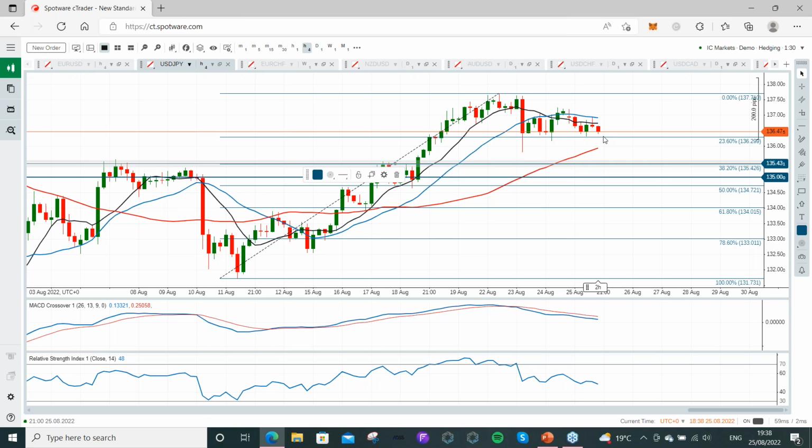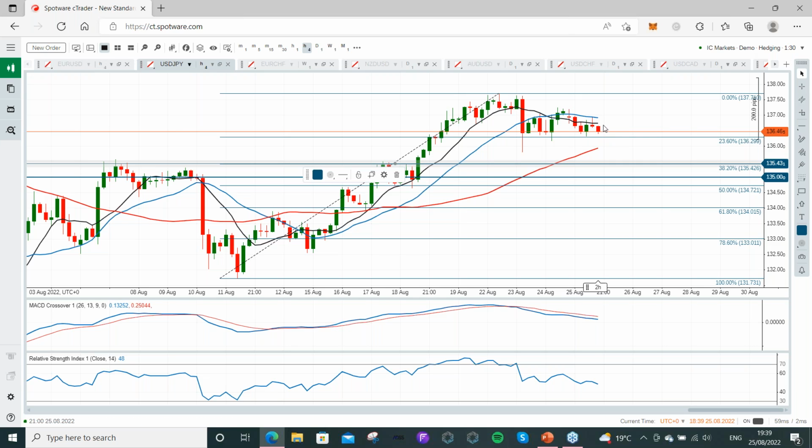Now, I'm not able to trade that using my trend flow strategy because there is no agreement of my moving averages at this point in time. So the 10 moving average has dipped below the 20, and I would need that to be above in order to confirm my trend. So this pullback is a little bit stagnant now on the 4-hourly time frame.